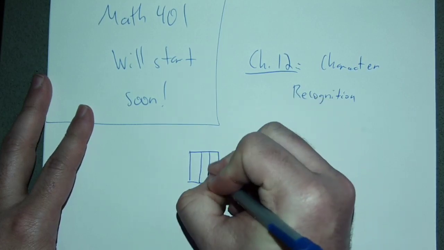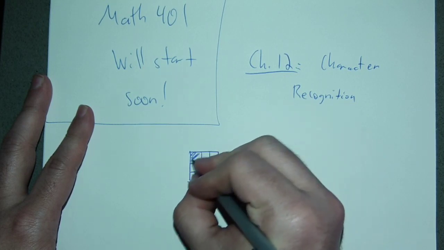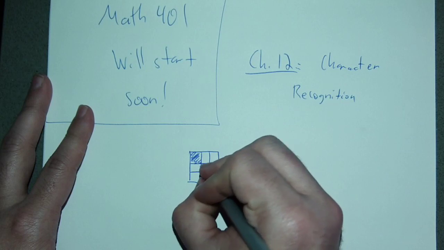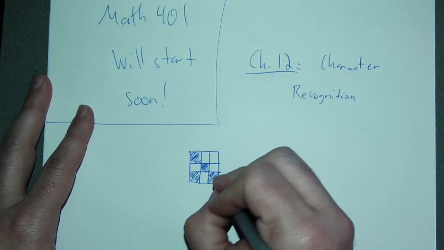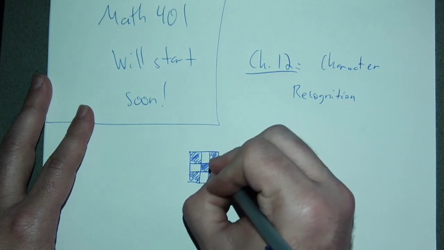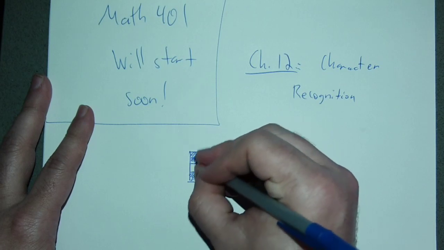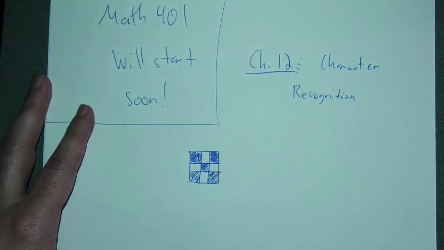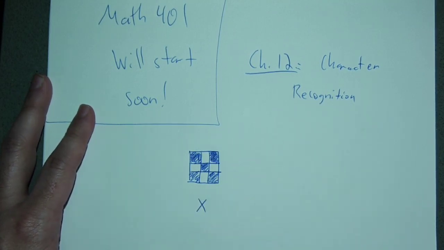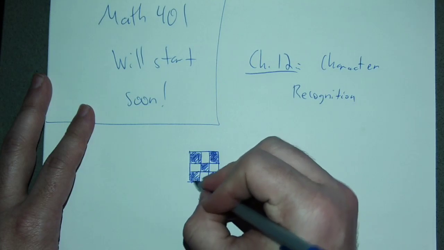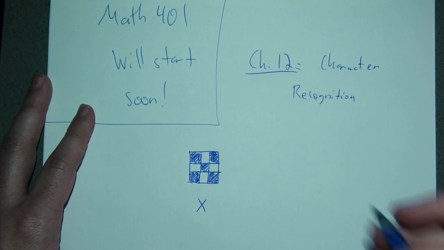So I have a 3x3 grid, and my grid is shaded in this way, where the shading indicates a solid black square, and not shading a square indicates that it is solid white. So there is what we call an X, right? As far as 3x3 grids go, that looks close enough to an X for us.